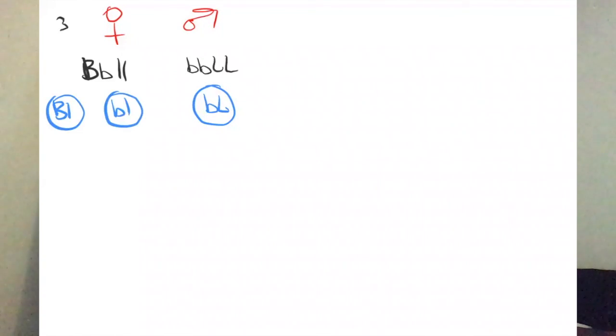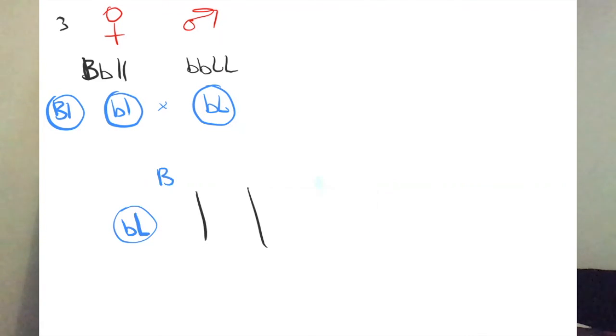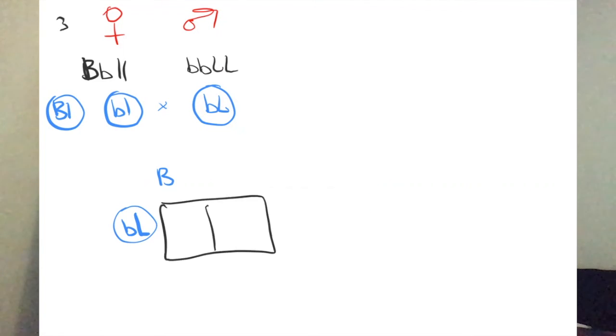For the male, I can just show a single cross. He's showing only this gamete. I don't even need the other half here. I really just need this. And the female is showing big B, little l, and little b, little l.